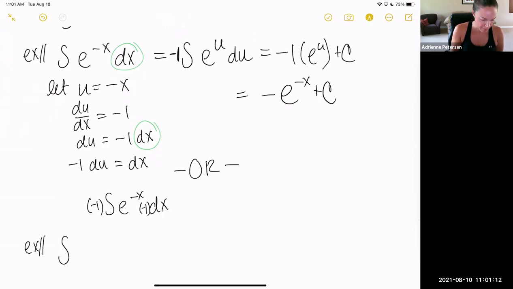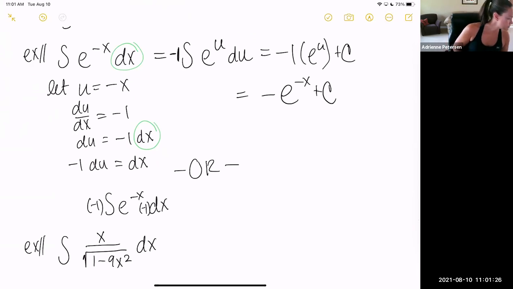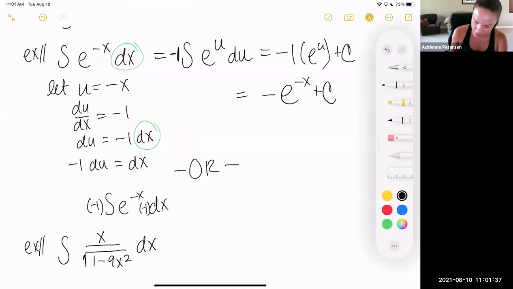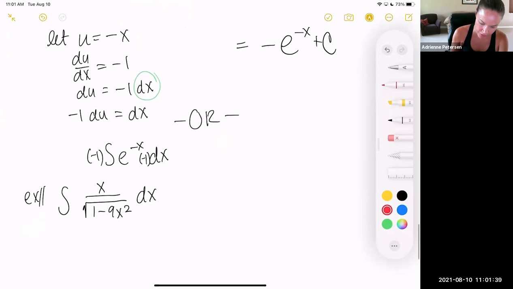Okay, next one. How about the integral of x over the square root of 1 minus 9x squared dx? Okay, so the first thing we should do is identify what we should let u be. And in general, it's what's inside, stuck inside.